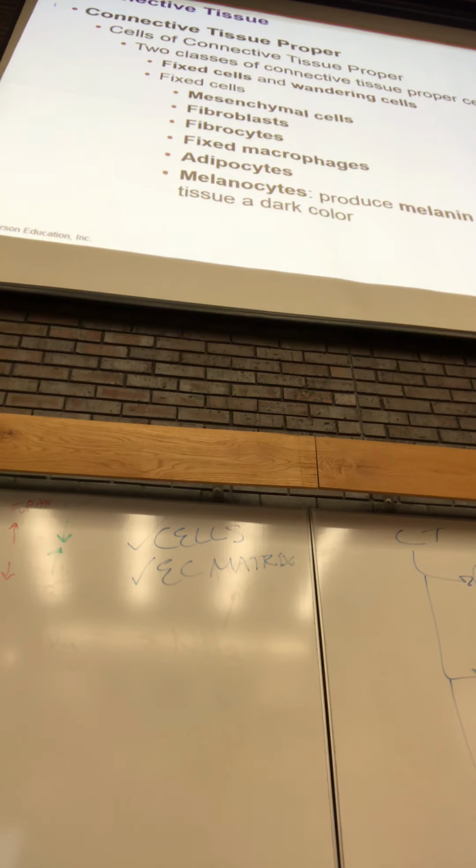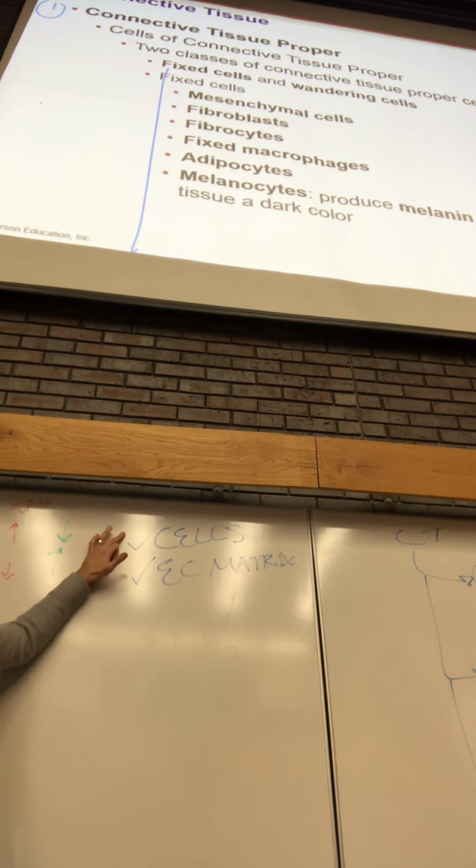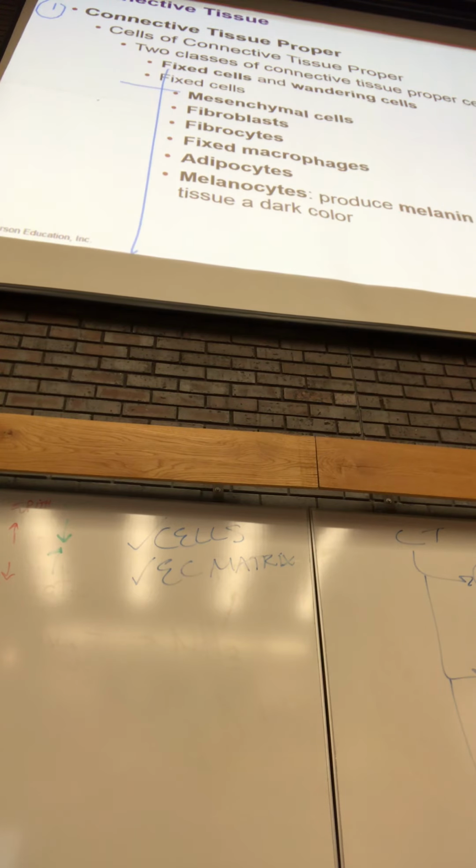So category 1, connective tissue proper. These are all the kinds of cells that you might find in connective tissue proper, some combination of these. There are some stem cells called mesenchymal cells. There are cells that make collagen and cells that are baby versions that will mature into the cells we need.